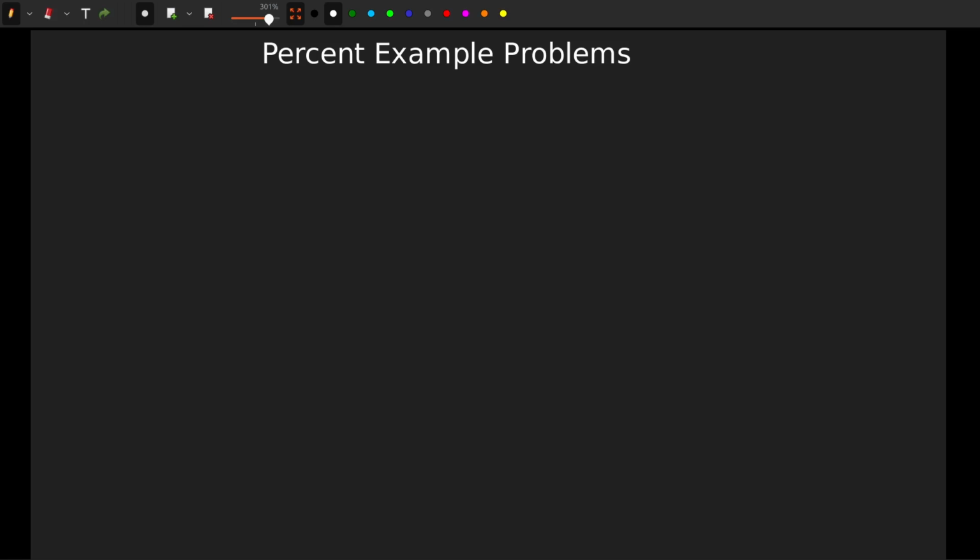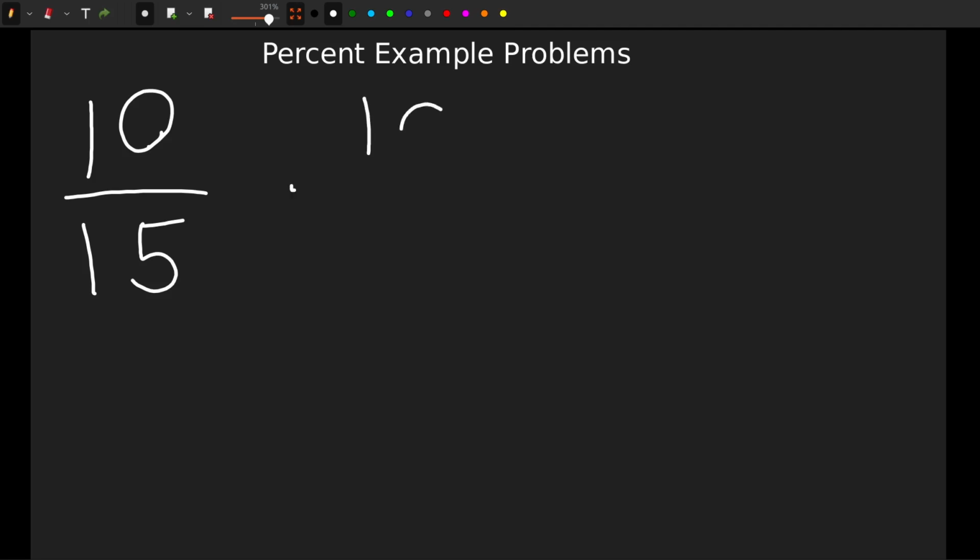So we'll have the first value be 10 over 15. And in order to rewrite 10 over 15 as a percent, we need to take this number and multiply it by 100. Now, 15 we know is 5 times 3.